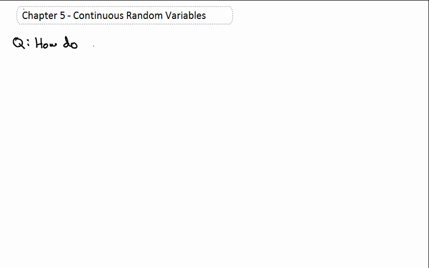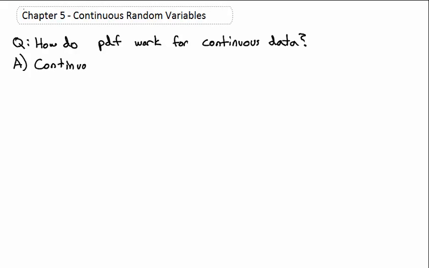how do PDFs, which was probability distribution function in the discrete case, work for continuous data? And PDF actually means something slightly different when we're talking about continuous probability distributions.